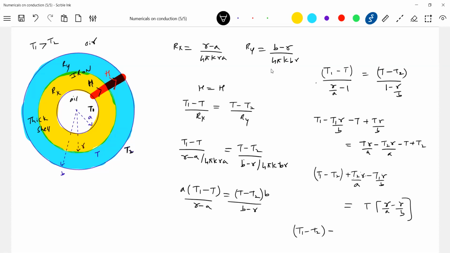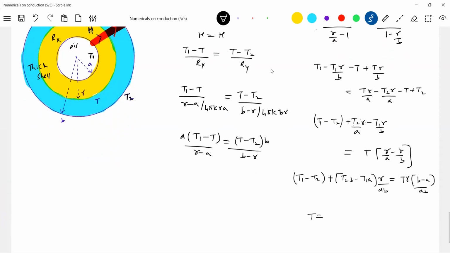T1 minus T2, r I'll take common. T2 b minus T1 a, r by ab. This will be T, r I'll take common. Solving for this, we'll get the expression for T. T is equal to T1 minus T2. Very lengthy.